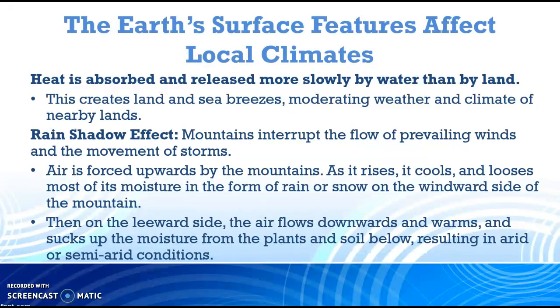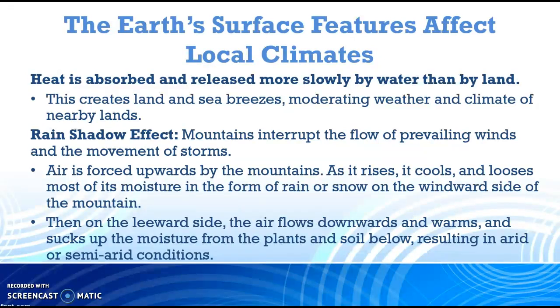This causes a low pressure system over land because heat rises. Then over the water, we have a high pressure system that forms because colder air sinks. That colder air has to go somewhere, so as the warmer air over land rises, it moves into that space in the city, causing that wind to blow.